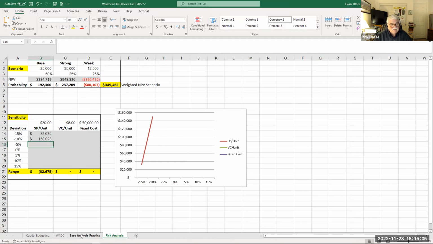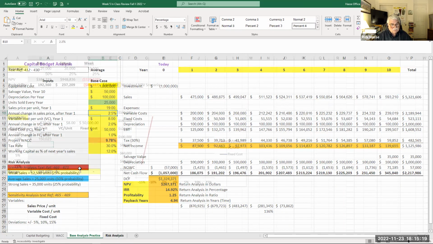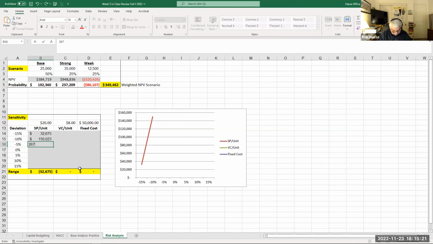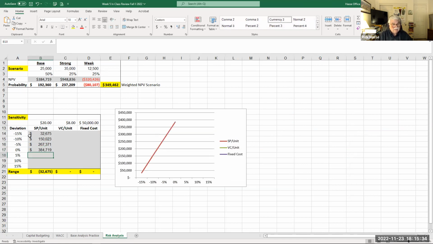Now with a 5% change in selling price, so we'll make that 0.95, 19 bucks, 267,371. And then at a zero change, it's the original NPV of our original base case, 384,719. So I'll put that there.